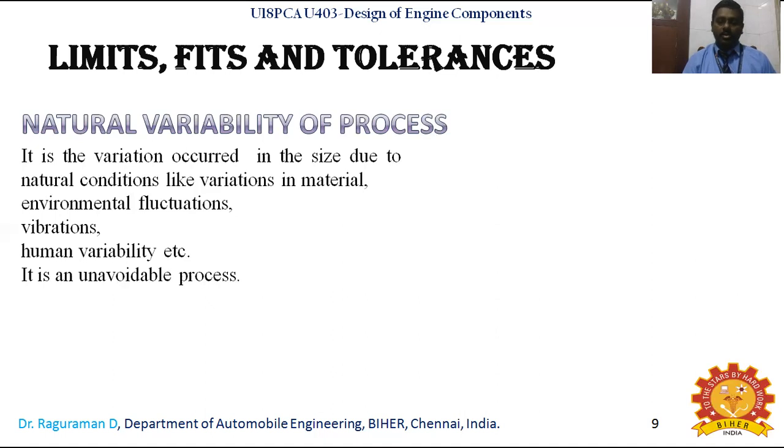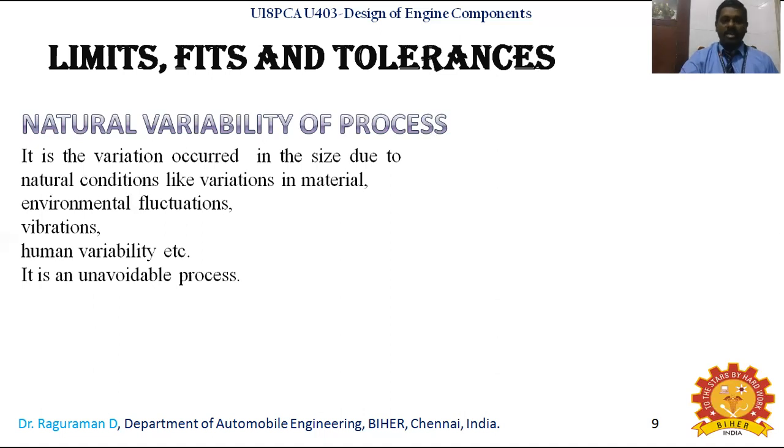Operator to operator also there will be a variation in accuracy, because a more skilled operator can produce a closer tolerance, and a less skilled operator, on the same machine under the same condition, will produce a different result because of inappropriate control. That is why control is needed. It is an unavoidable process, but even though it is unavoidable, it can be controlled by selecting the parameters properly.